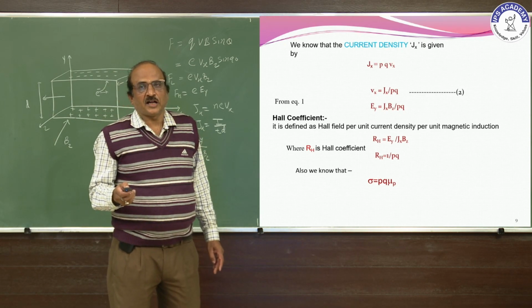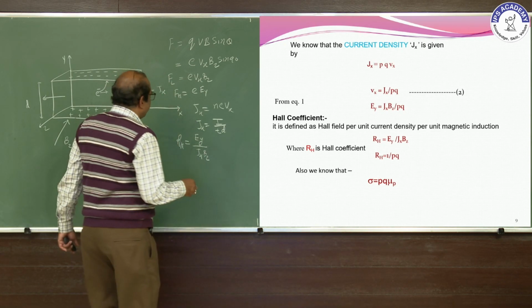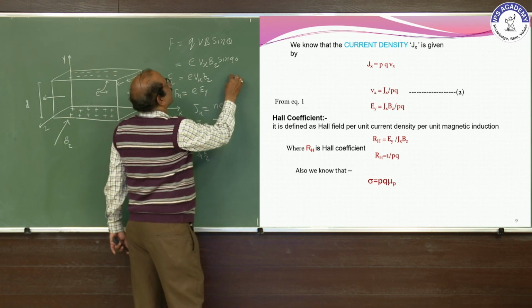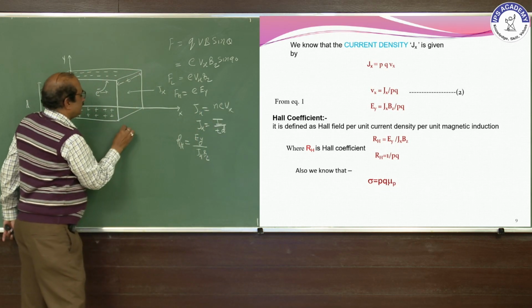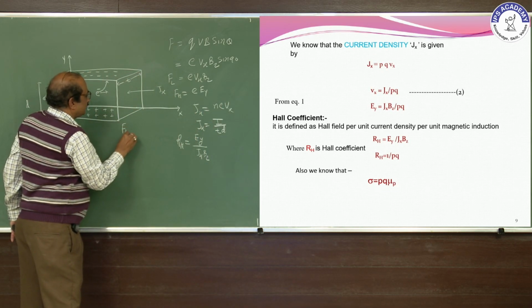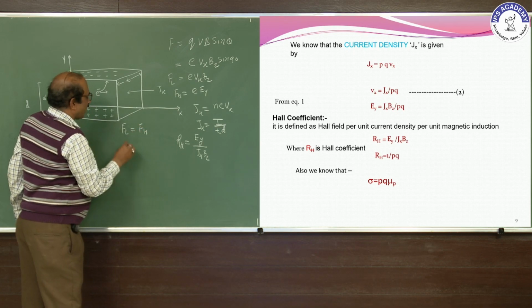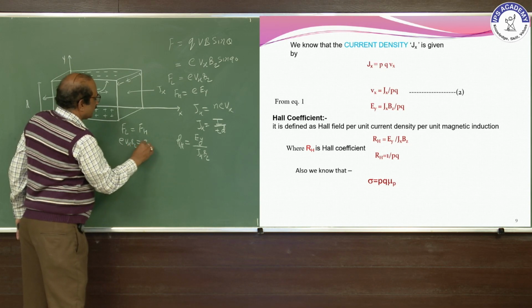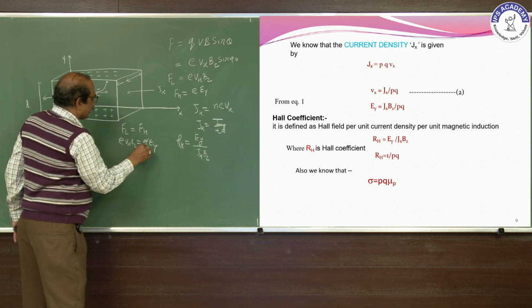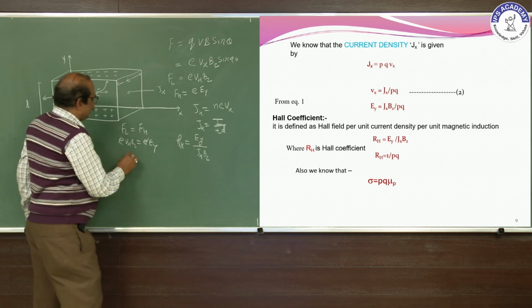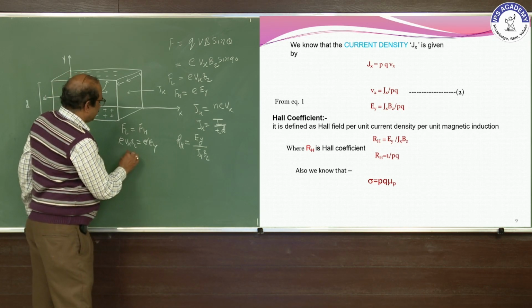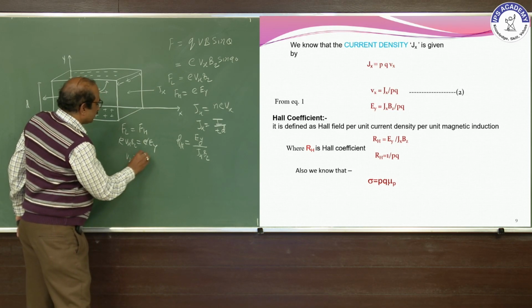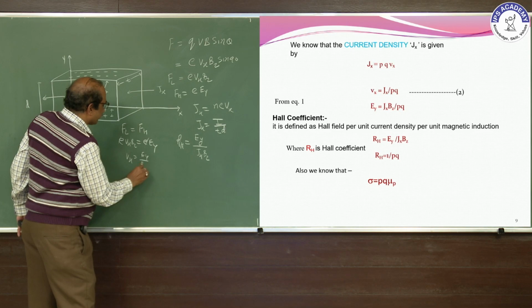So RH comes out to be 1 upon... if we equate these two equations, FL equals FH, Vx Bz equals Ey, e cancelled out, so Vx will be Ey upon Bz.